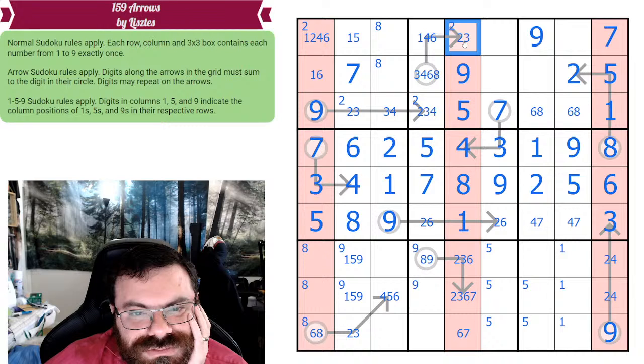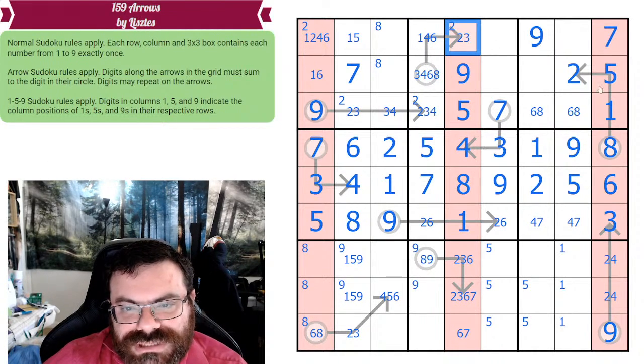Oh. Right, if this were 3, 1, that puts a 5 here, but that would also then mean this is a 2. So I don't think this can ever be a 3. So that's a 2.